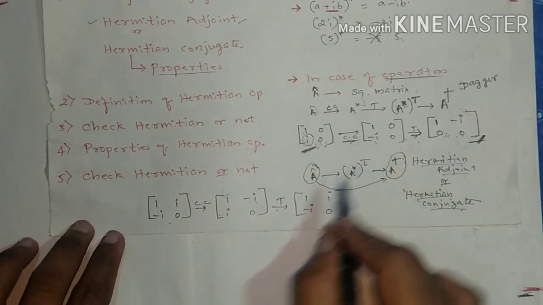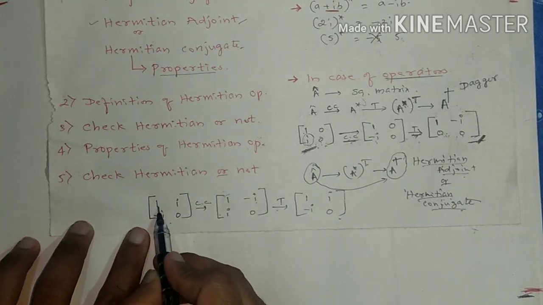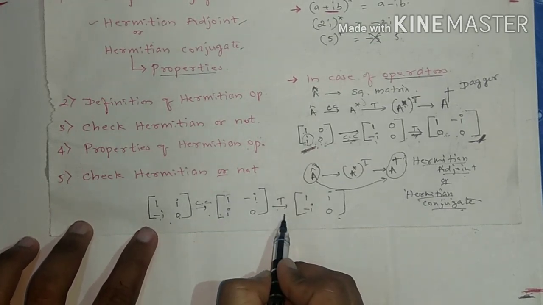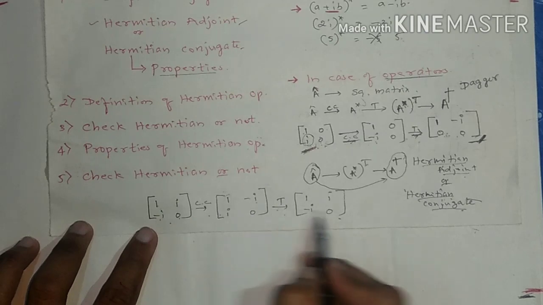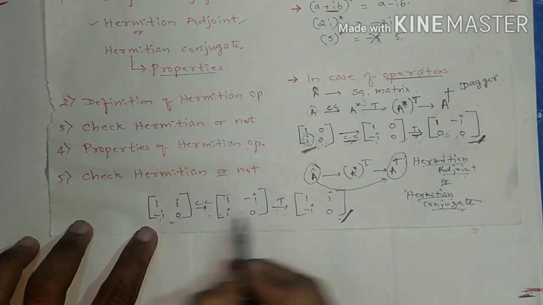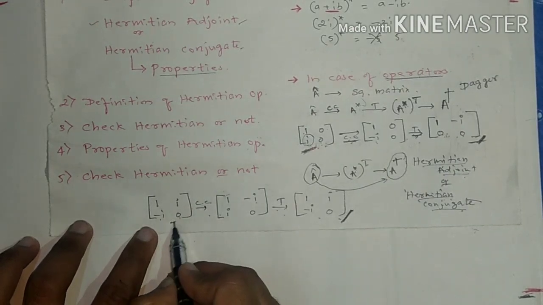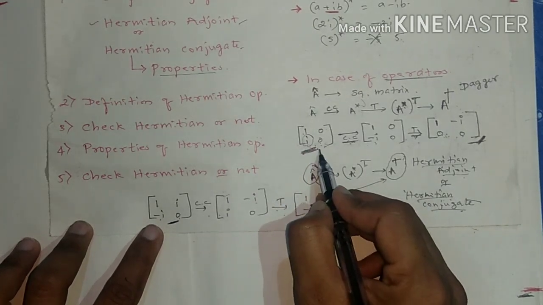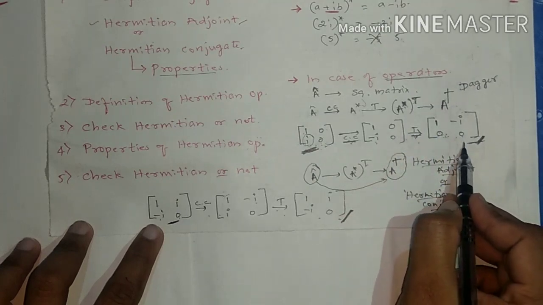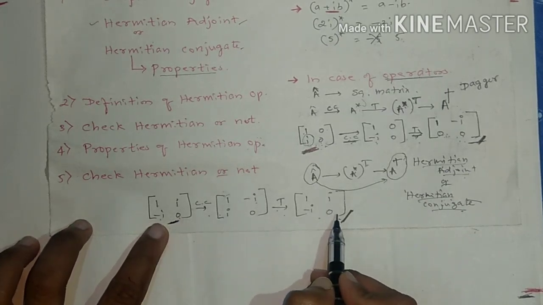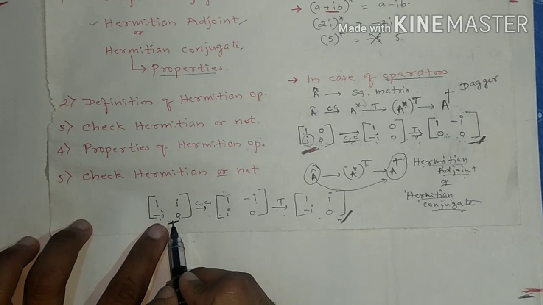But look at this example. We started with 1, i, minus i, 0. We took the complex conjugate, we took the transpose, and whatever we got after these two operations is the same matrix. So this matrix is a Hermitian matrix, whereas the previous matrix is not, because the Hermitian adjoint we got was not the same as the matrix we started with.